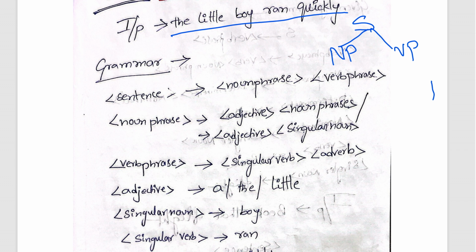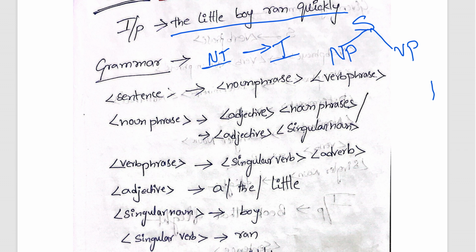Remember one very important thing: the left side are all called non-terminals, and the right side, whatever the grammar presents, are called terminals.